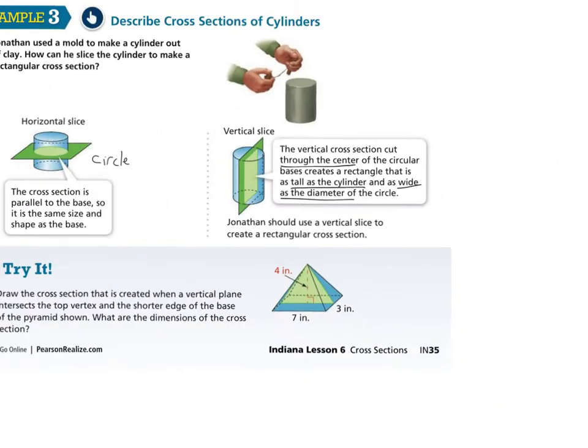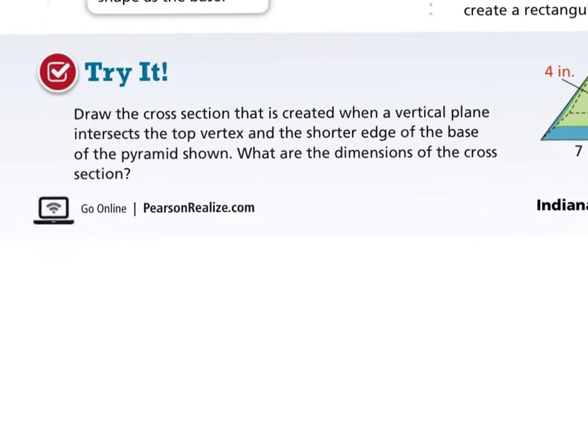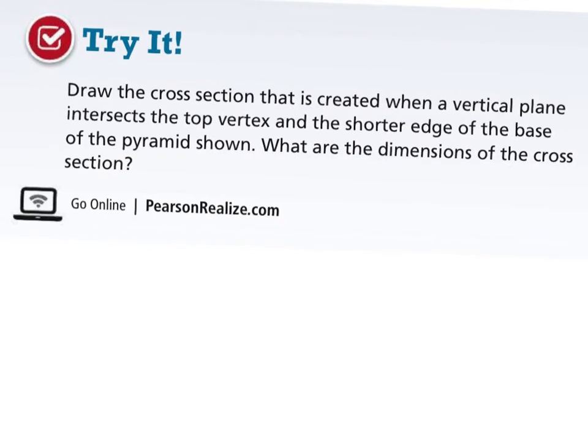So if we look at the try it, they want us to draw a cross section that's created when a vertical plane intersects the top vertex and the shorter edge of the base of the pyramid. So we've got to make sure we're getting exactly what they want here. So it's a vertical cut, basically.